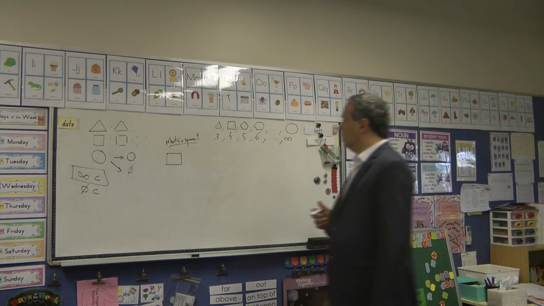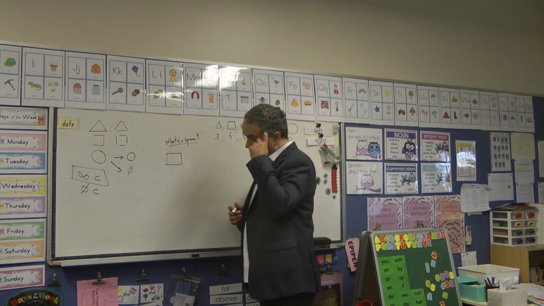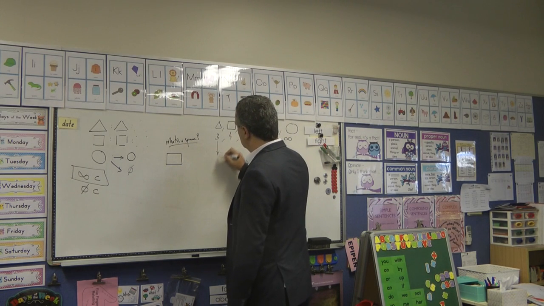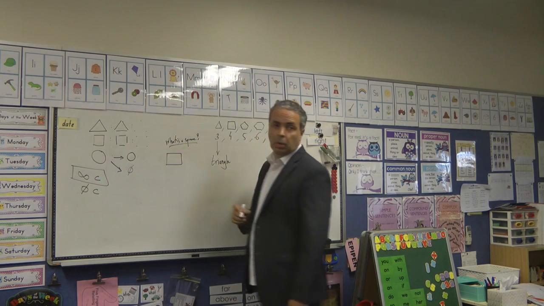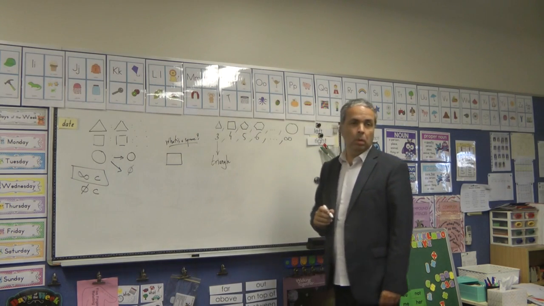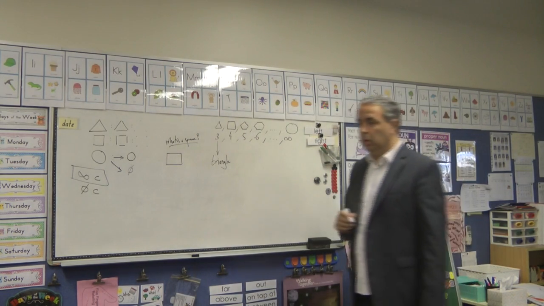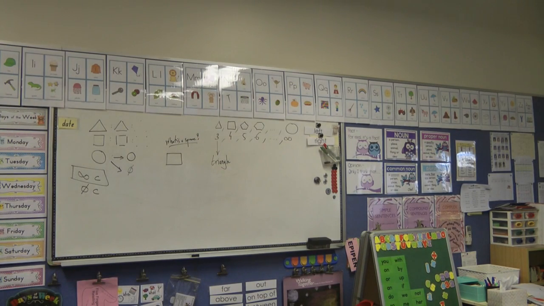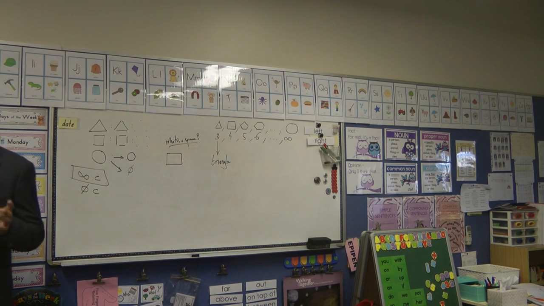So, for example, you see what I mean? You see the triangle? You know etymology? Etymology? No, you don't know? Yes, I do. It's the meaning and the history of the word.